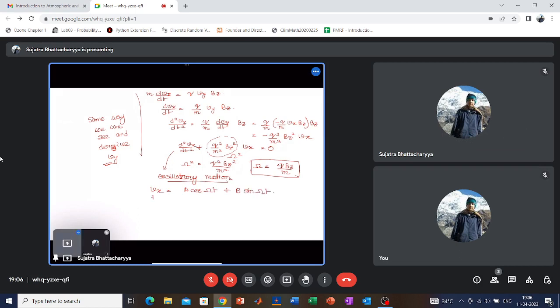Right? And let me write dVx/dt: minus omega A sine omega t plus B omega cos omega t. That's all. And let me see whether this is valid or not. Well, it will be valid: minus A omega square, and you have minus B omega square. So what I get is minus omega square again Vx, right? So this is satisfied.